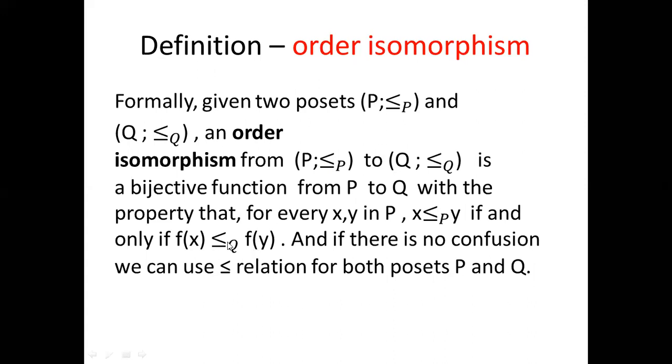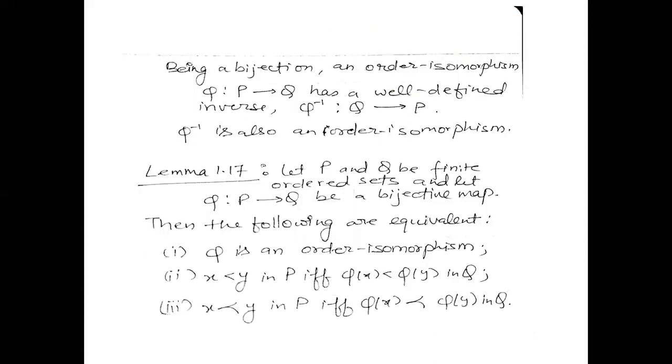The relation on one side is in Q and on the other side is in P. And if there is no confusion, we can use the same less than or equal to relation for both cosets P and Q, like we have seen in the previous slide.